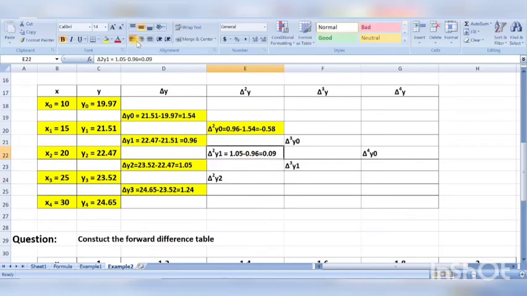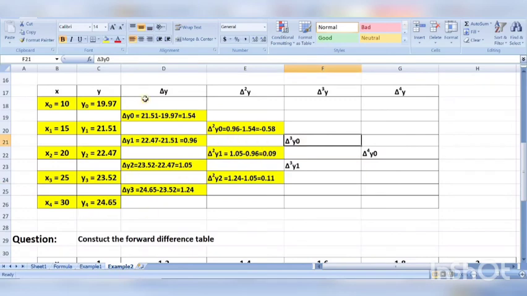So in this way we have here delta square y1. Similarly, delta square y2 is 1.24 minus 1.05 equal to 0.11. So we have done it. We got it. Now again, look at here.